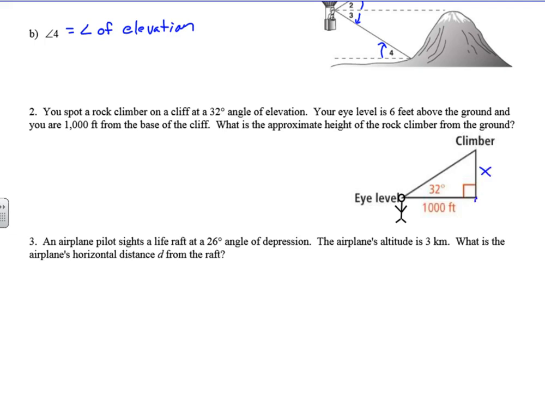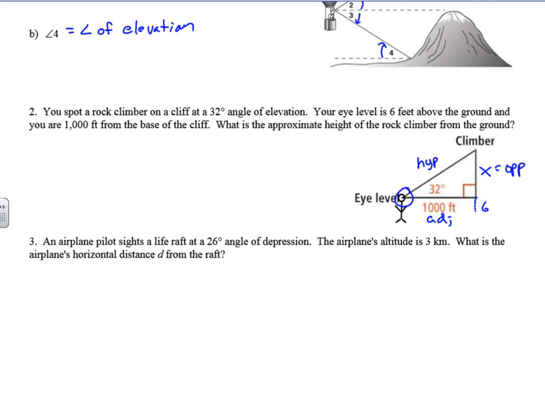Now we need to remember that we're going to have to add 6 at the end of this question to get the height, because the eye level is 6 feet. So this is the hypotenuse, and we're going to circle our angle here. That means this would be the adjacent, and this length over here would be the opposite that we're trying to find.